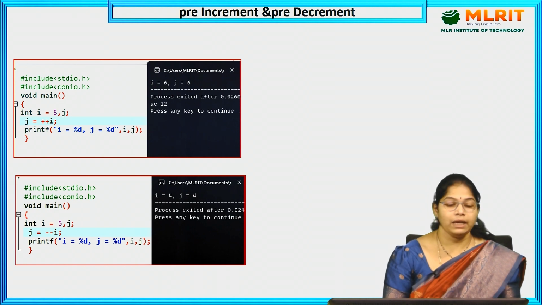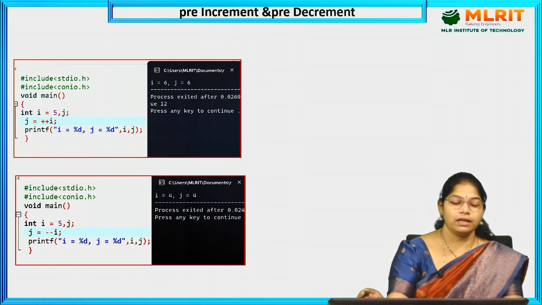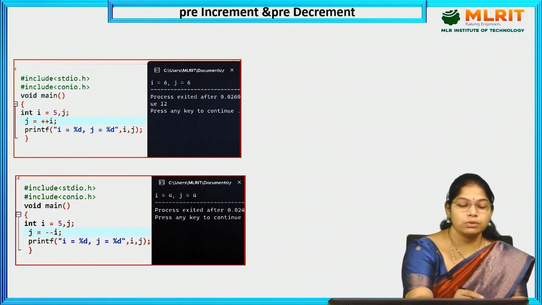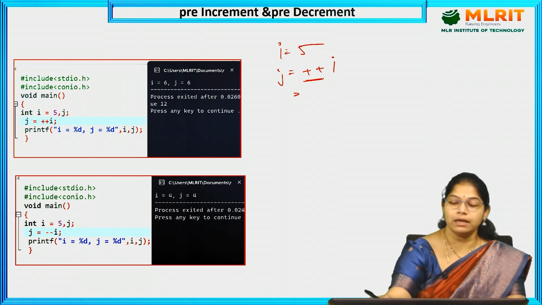Pre-increment. Pre-increment means first the increment has to take place, then it assigns the value. So here I consider I equal to 5, then the expression j is equal to plus plus of I, where plus plus is the pre-increment. That means first we have to add 1 to the existing value.